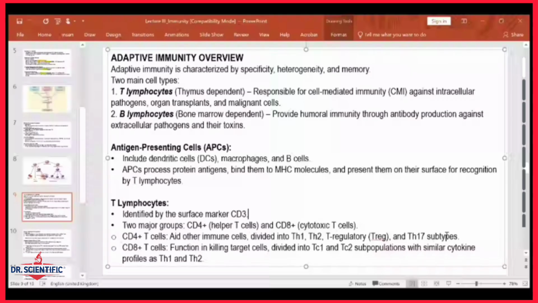TC1 and TC2 behave like TH1 and TH2 of the CD4s. Among the CD8 T cytotoxic cells, they are made up of just two subpopulations, TC1 and TC2. We'll see in a moment what the difference is between TH1 and TH2.